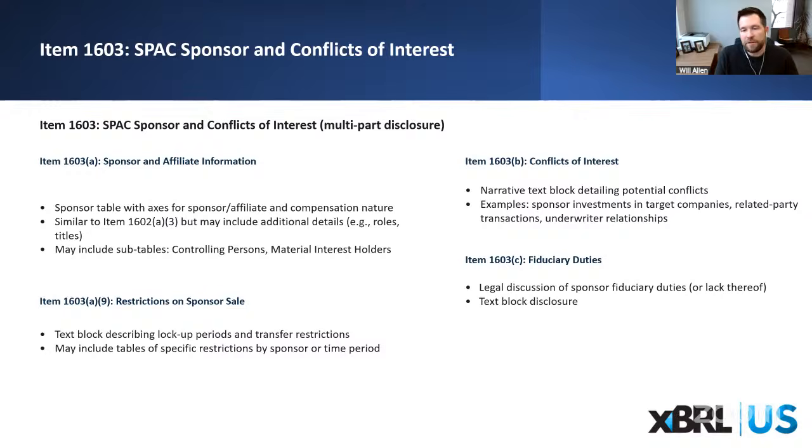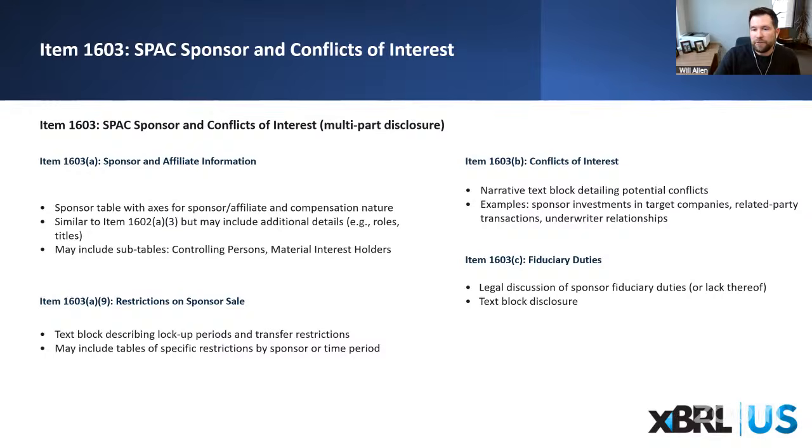And when tagging item 1603, you are organizing another complex set of disclosures. The sponsor affiliate compensation is similar to the table in 1602, but it may be presented differently, and it may include different or additional columns. The restrictions on sale text block describes the legal limits on when the sponsor can sell their shares.